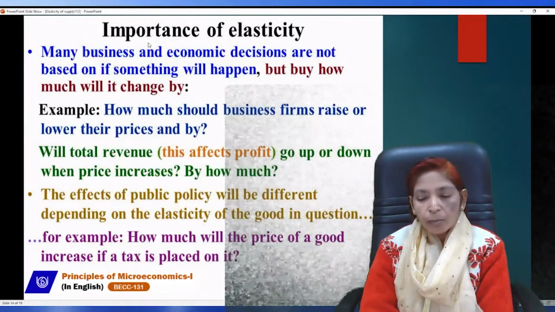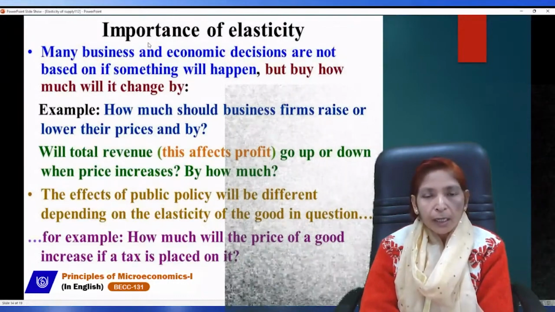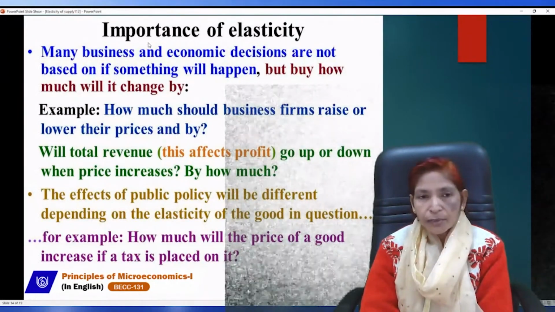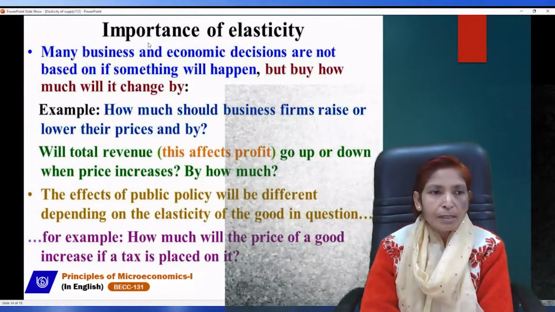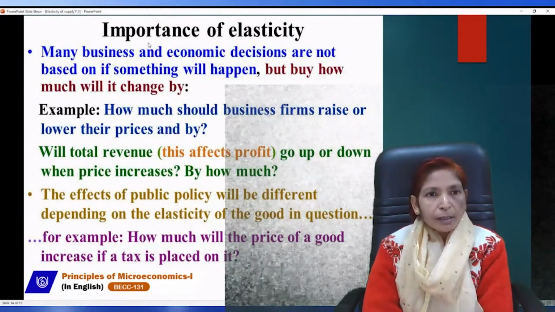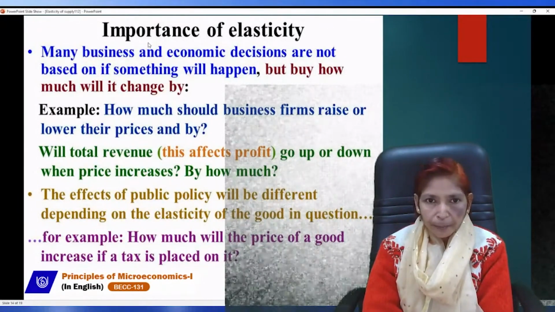What is the main important role of elasticity in our economy? Why in economics do we have to study elasticity of demand and elasticity of supply? So what is the reason behind this? What is the importance of this concept? So these are the points mentioned here, which explain the importance of elasticity.